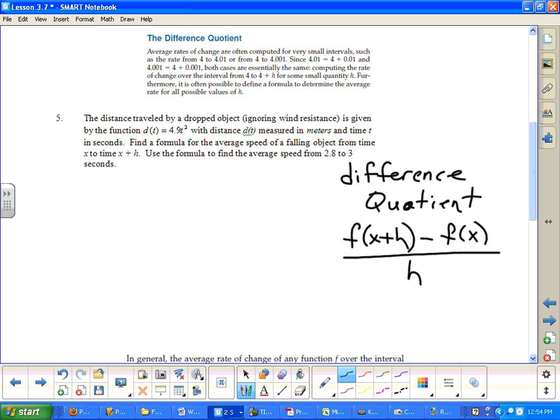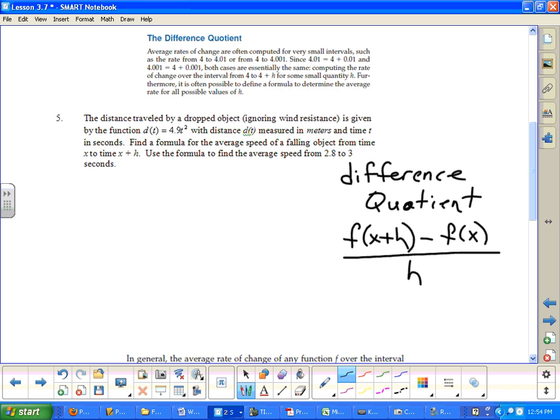Now think about this for a second. We start at a value x. We've increased that value by h, right? That's all that means, x plus h.